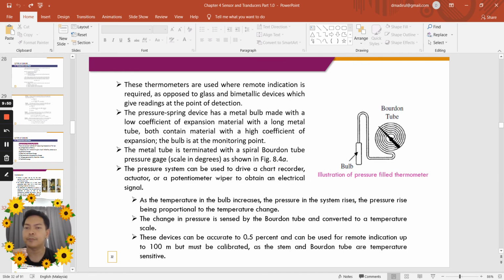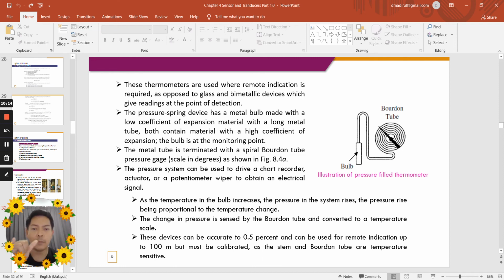These thermometers are used where remote indication is required, as opposed to glass and bimetallic devices which give a reading at the point of detection. The pressure spring device has a metal bulb made with a low coefficient of expansion material, with a long metal tube, and both contain material with a high coefficient of expansion.